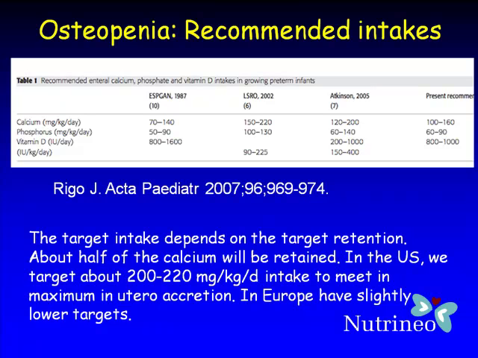European recommendations are somewhat lower for both calcium and phosphorus. Different consensus recommendations, both in Europe and elsewhere, will vary a little bit. So there's no single consensus on recommendation. I just wanted to point out that the amount of vitamin D that's often given in the United States and Canada for premature infants is somewhat lower than is recommended in Europe, and we're going to speak about vitamin D now.